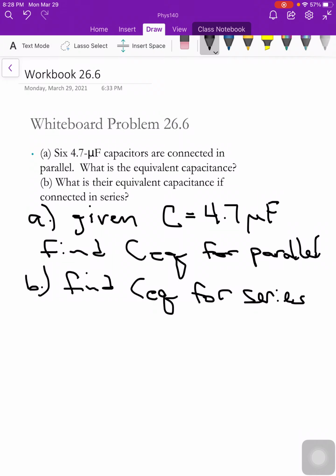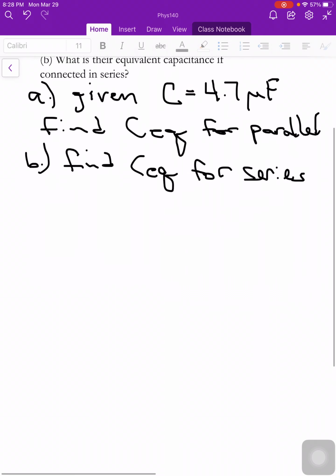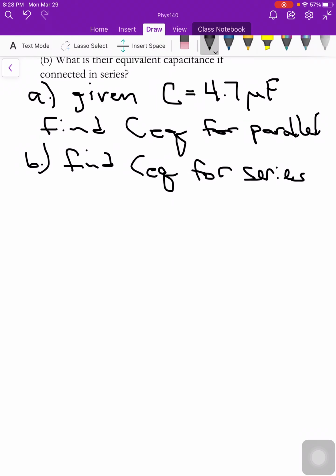So let's start with A, and we'll draw the circuit. So we've got, we're going to do them in parallel. So we've got 1, 2, 3, 4, 5, 6. And these are equal lengths for the capacitor. And then here's my battery.